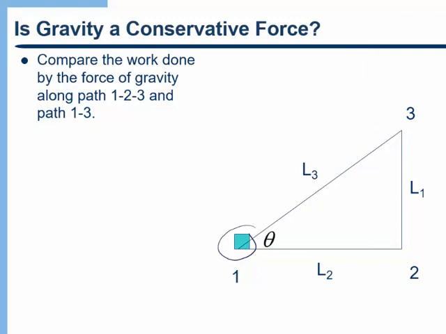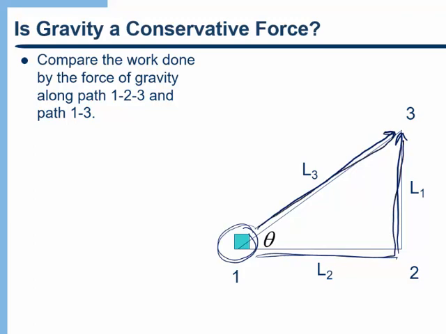I want to calculate how much work it is to take this box and first move it over to here and then bring it up to here, versus just directly moving it from point 1 to point 3. Now, if the work done by gravity is the same over those two different paths, whether I go this way or whether I go this way, then gravity would be a conservative force. In order to figure this out, we're just going to calculate it.